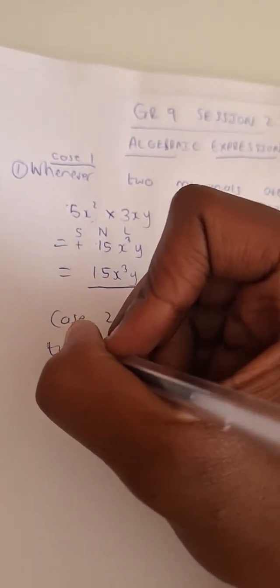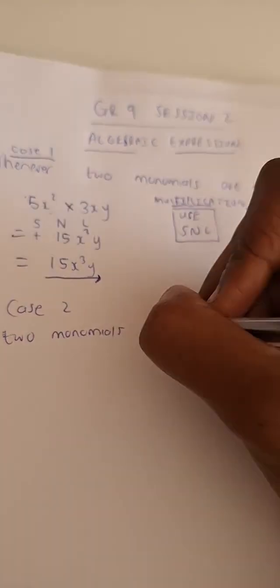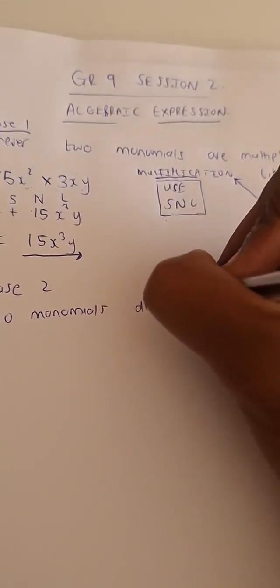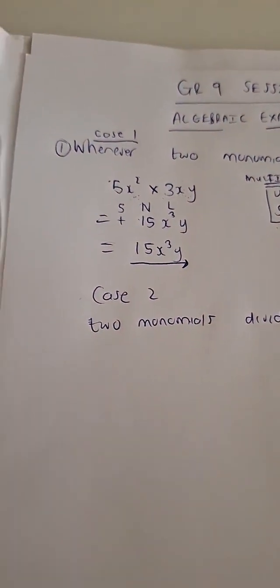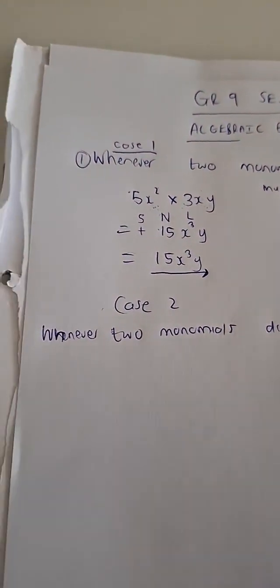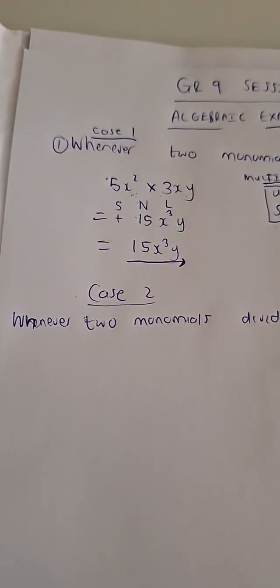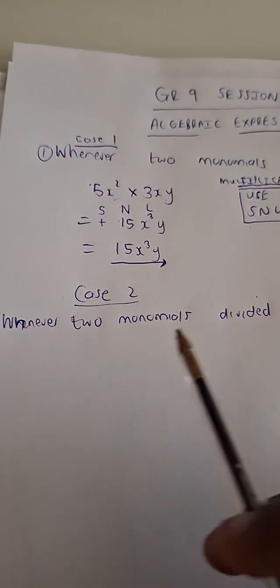Let's look at case scenario number 2. Whenever two monomials are divided. I'm sure you remember what we said about monomials. Monomials are polynomials that have one term.